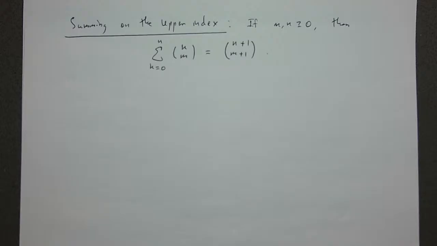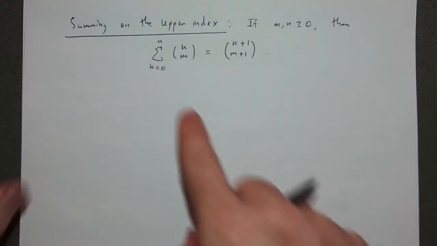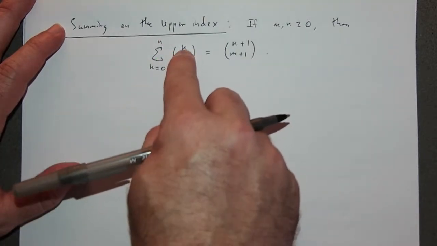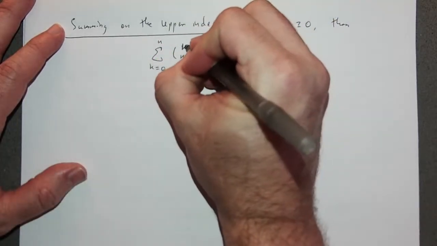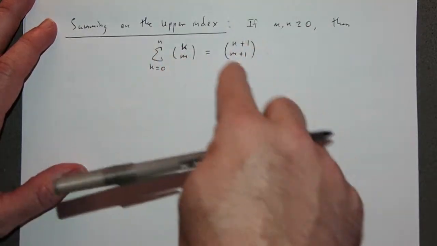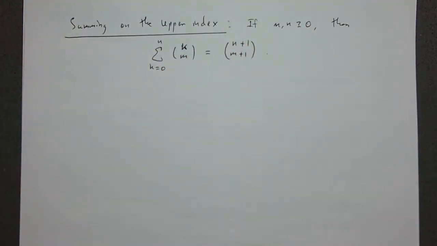Okay. This sum is summing on the upper index in this binomial coefficient. The result of summing in this way can be encoded in a single binomial coefficient, n plus 1 choose m plus 1.